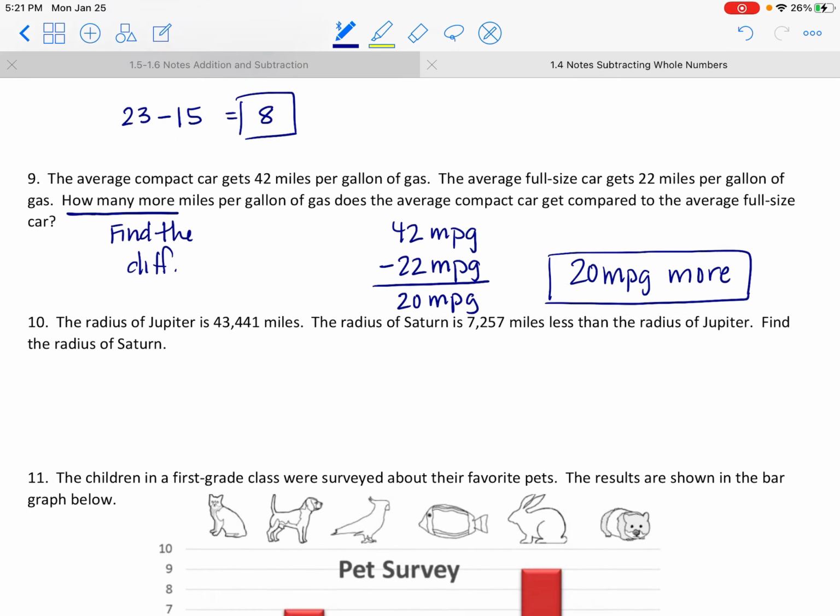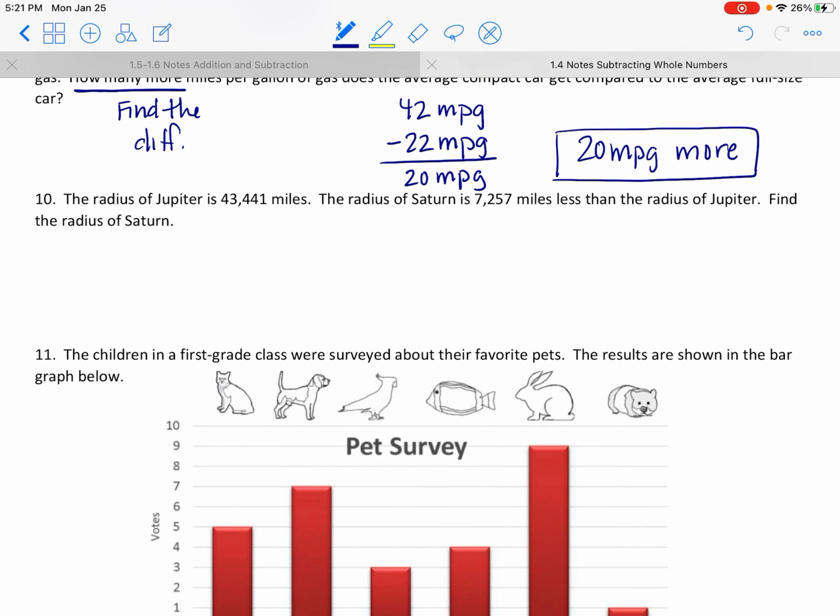Okay? Another says here, number 10, the radius of Jupiter is 43,441 miles. It says the radius of Saturn is 7,257 miles less than the radius of Jupiter. So if it's 7,257 miles less, then to find the radius of Saturn, we have to subtract.